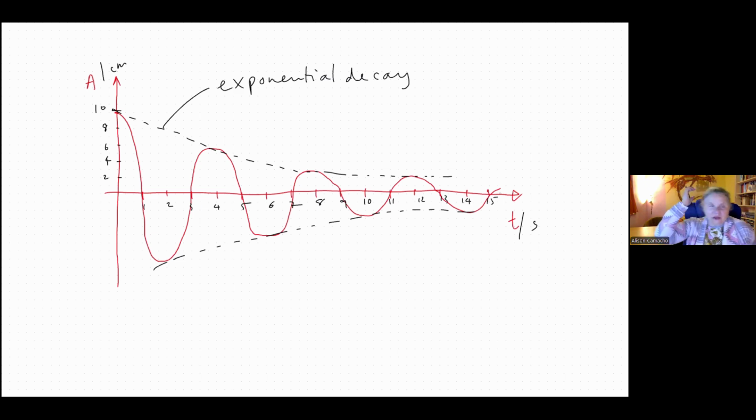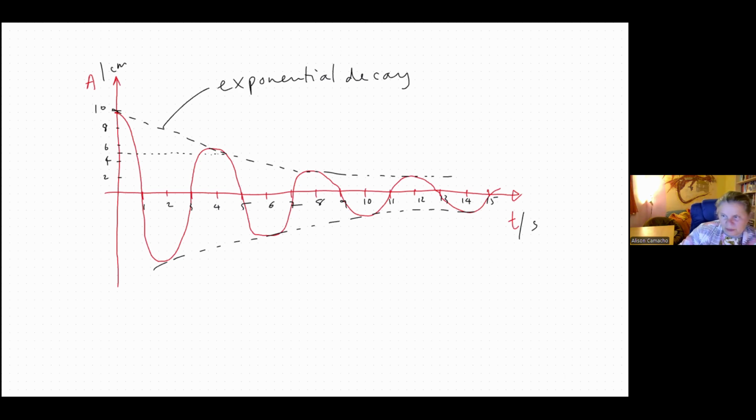Let's imagine that you were given that graph. How could you show, the question says, show that the envelope for the maximum amplitude and how it's changing with time for this damped oscillation is an exponential.